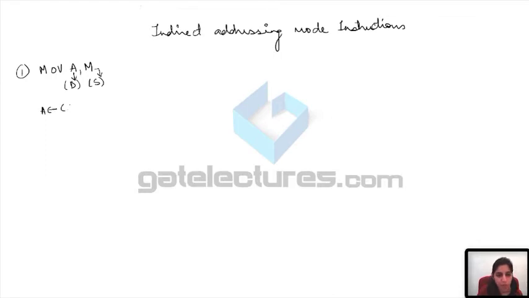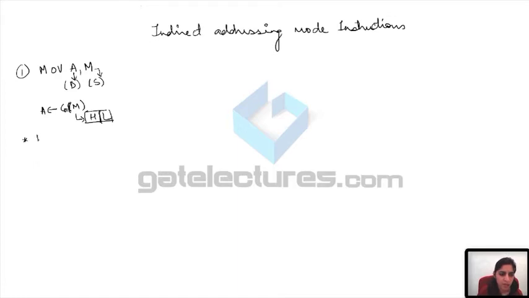A is going to be loaded with the contents of the memory, the address of which is pointed to by the HL pair. Something is stored in this HL pair. Wherever the HL pair points, the contents of that memory location are going to be stored in A.